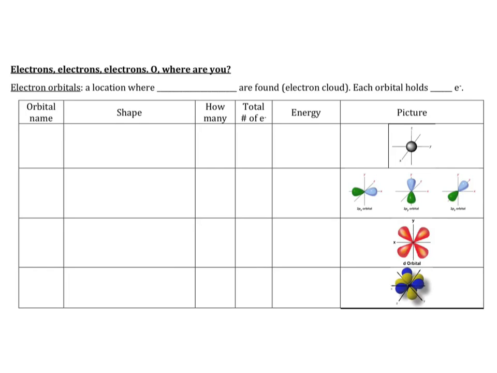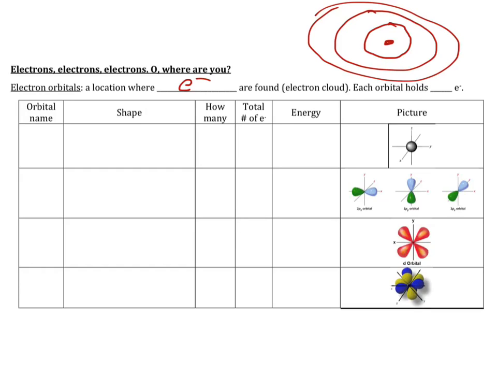Electron orbitals are locations where electrons are found, and it's within the electron cloud. And so there's different types of orbitals that are within an energy level. When we think about an atom, we think about, okay, here's the first energy level, here's the second, here's the third, and so on.